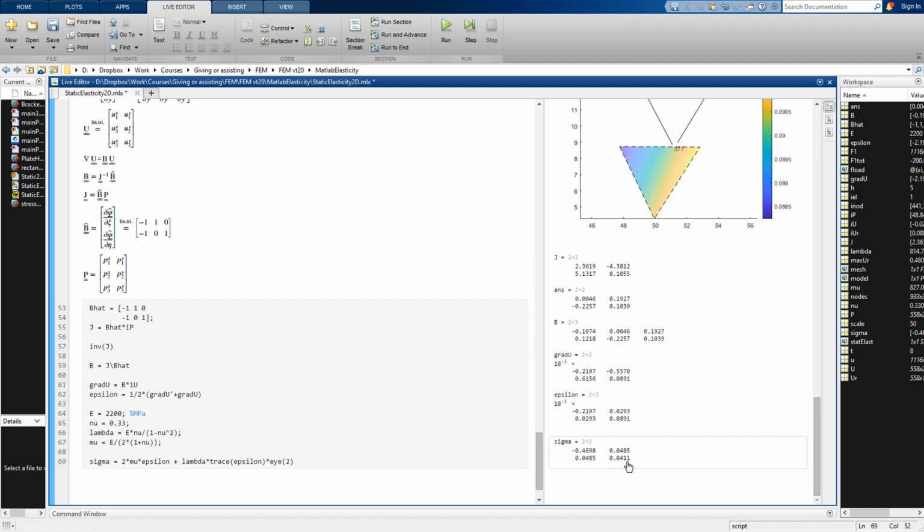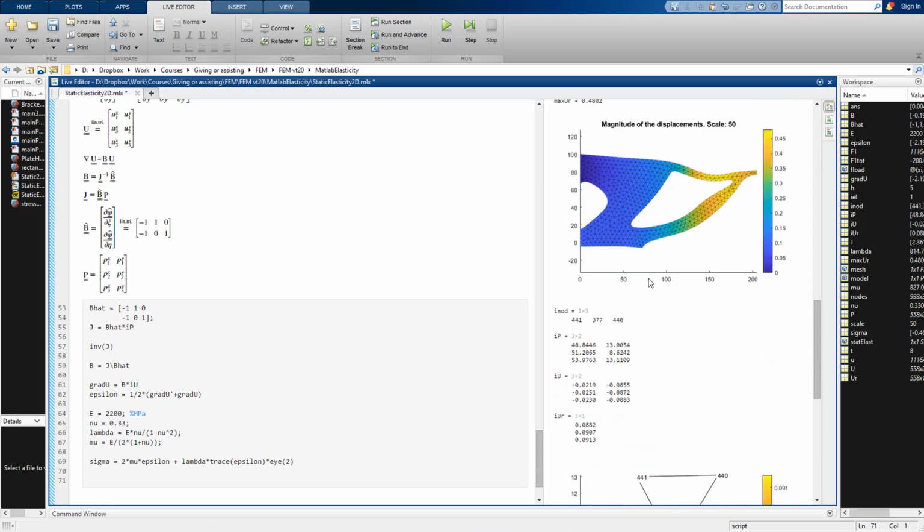So this is in terms of newtons per squared millimeter, the Cauchy stress. Both of these are quite unuseful because we have a general state of stress here.